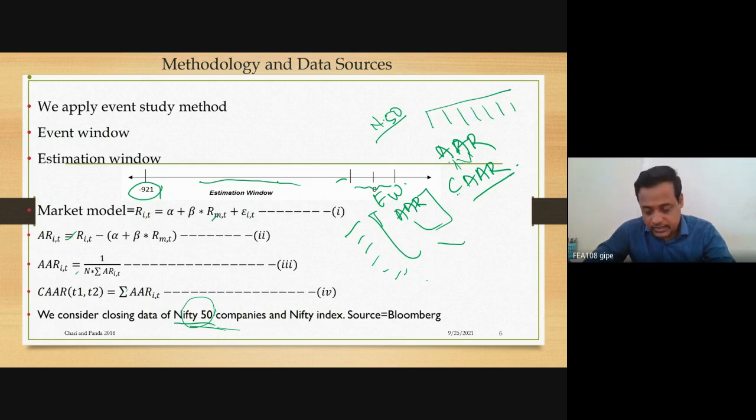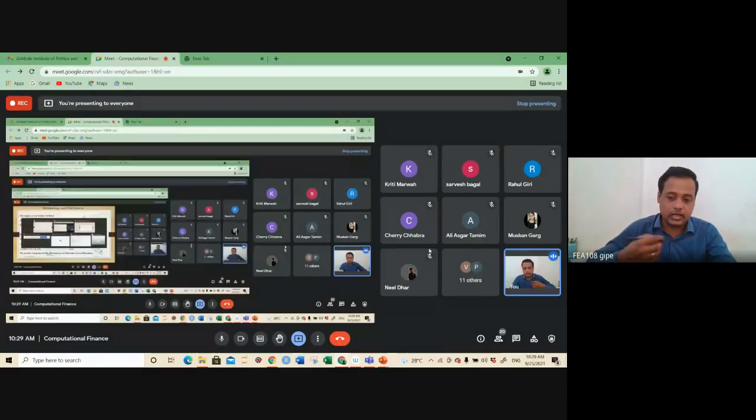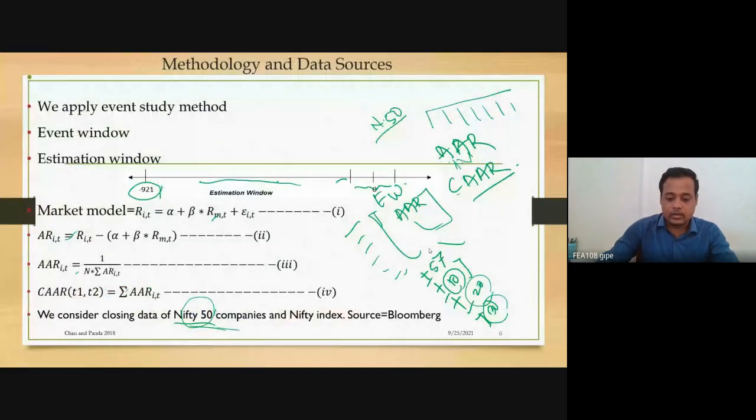For one event you can see -5, +5, plus minus 10, plus minus 20, plus minus 30. You can do it in different windows: if in 10 days the impact is still there, in 20 days how much, in 30 days how much, in 40 days how much it is impacting.